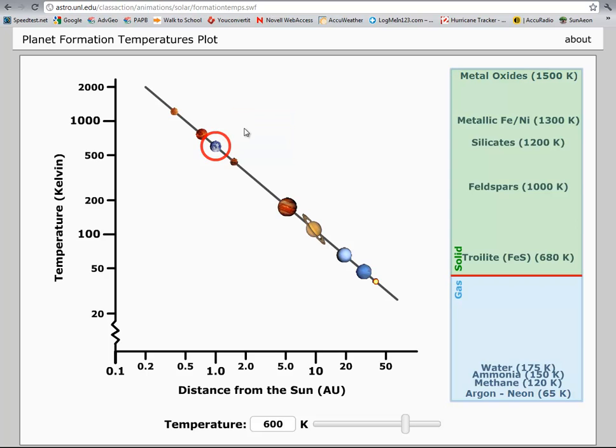These are not degrees, these are just Kelvin, but it would be 327 degrees Celsius. So this is where our planet formed, and because of that, we were able to get iron sulfide to be a solid, feldspar, the most common mineral, to be a solid, silicate, the second most common, iron and nickel, as well as iron oxides to be solids.